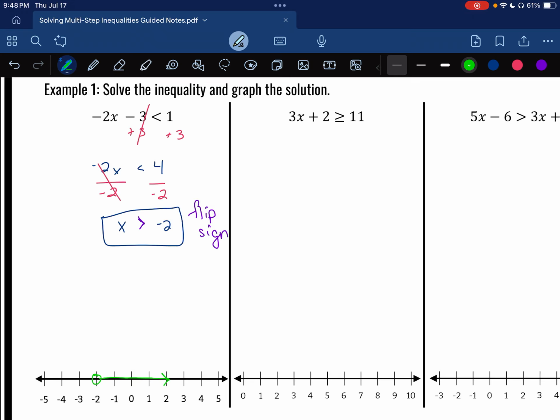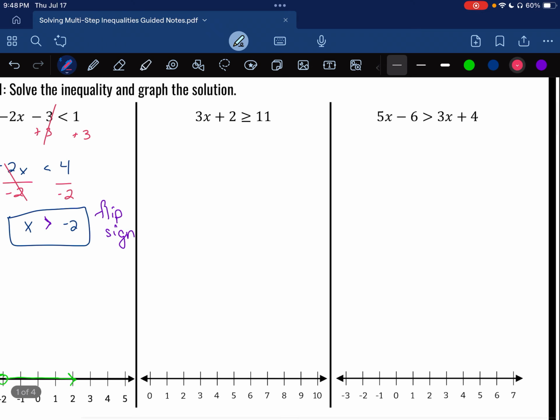Okay. Next, I'm going to subtract 2 from both sides. I'm going to have 3x is greater than or equal to 9. Divide both sides by 3 to get x all on its lonesome here, and we'll have x is greater than or equal to 3.